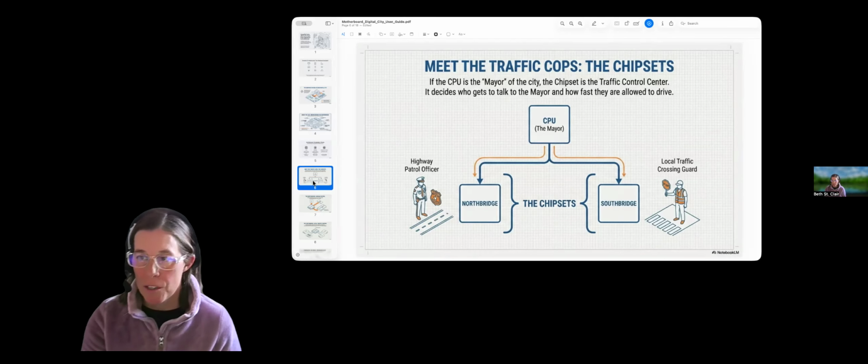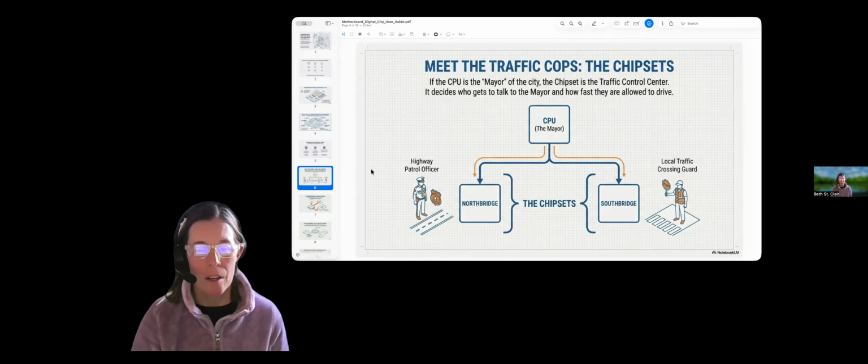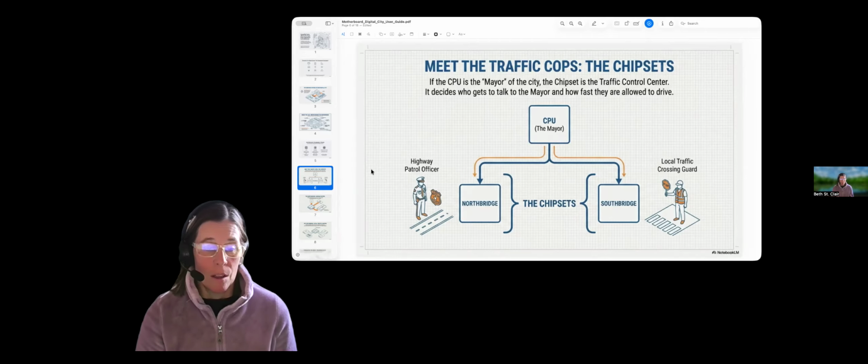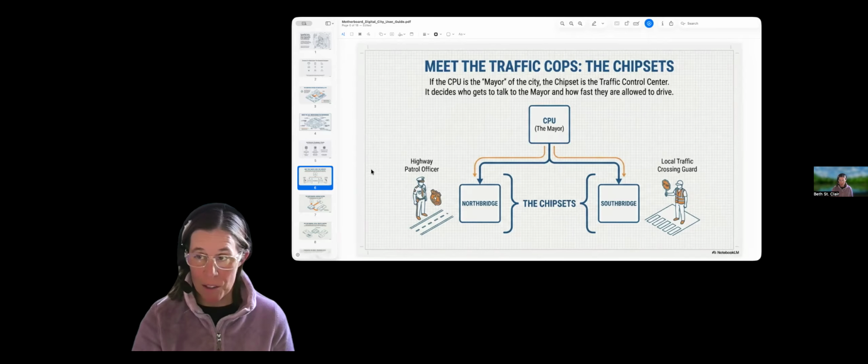If you've ever been to New York City, it's in the northern part of the United States, then you know things are very fast there. Traffic isn't moving quickly because there's basically bumper-to-bumper traffic. But people are out on the sidewalks and they're walking from place to place. So it's a faster speed. The Northbridge handles those fast items.